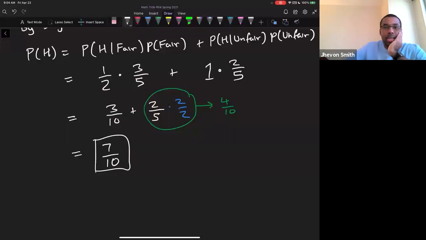You're more likely to get heads than not. Significantly so. 70% of the time you do this experiment, pick a coin at random from the table and flip it, you'll get heads.